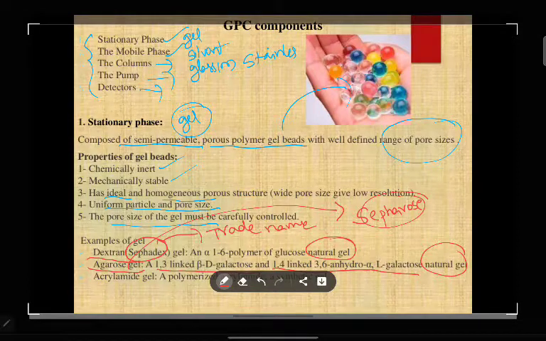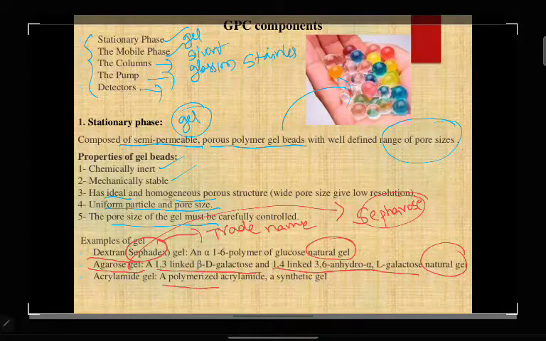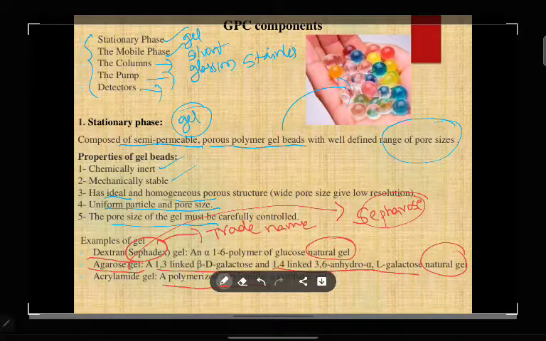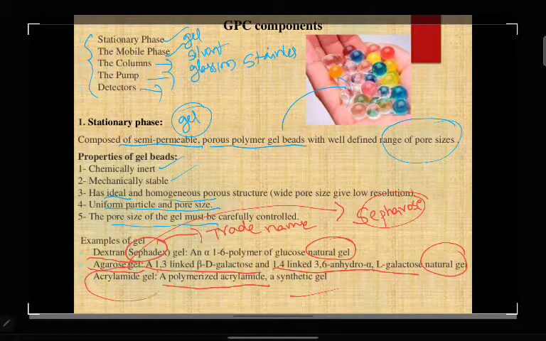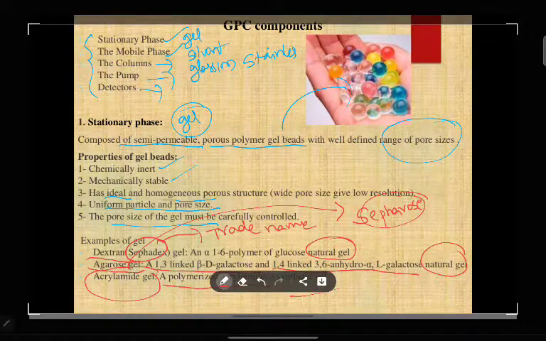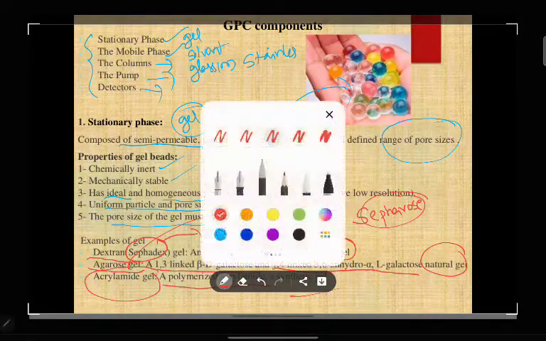Then the next one is acrylamide gel. Acrylamide gel is a polymerized form of acrylamide, so it is a synthetic gel. Only acrylamide is the synthetic gel; the remaining Dextran and agarose are natural gels. Got it? So under methodology, the first component we completed is the stationary phase, whose other name is gel.